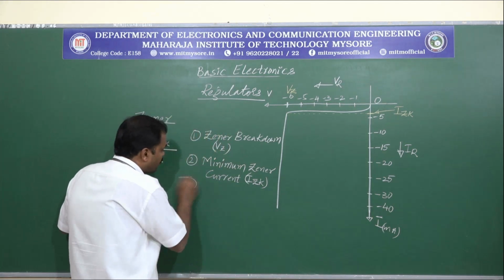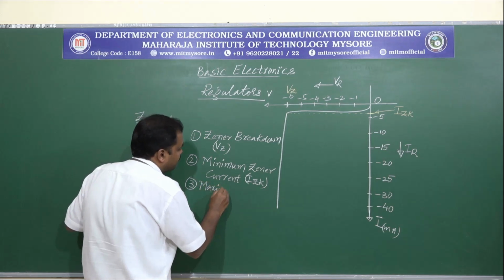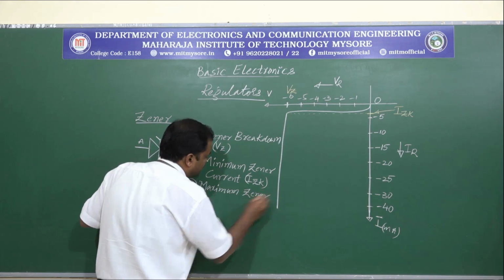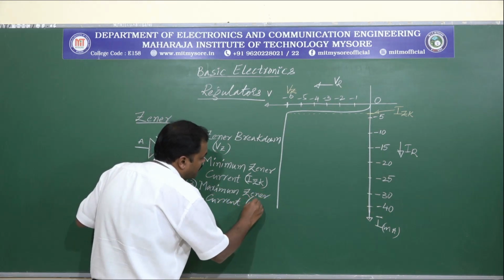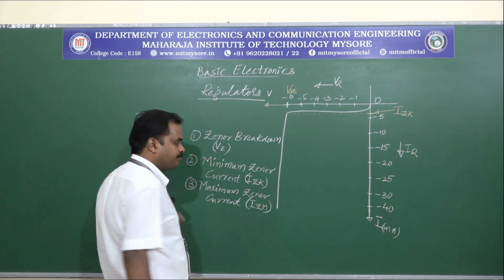And the third parameter is the maximum Zener current, represented as IZM.